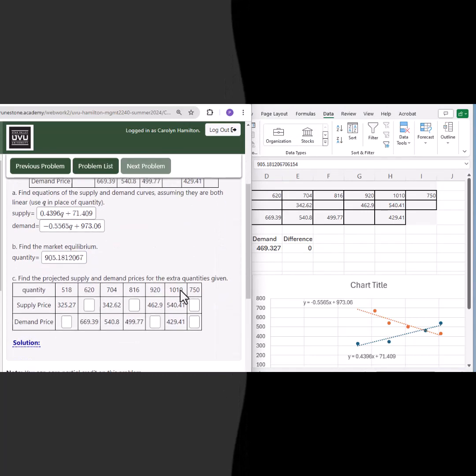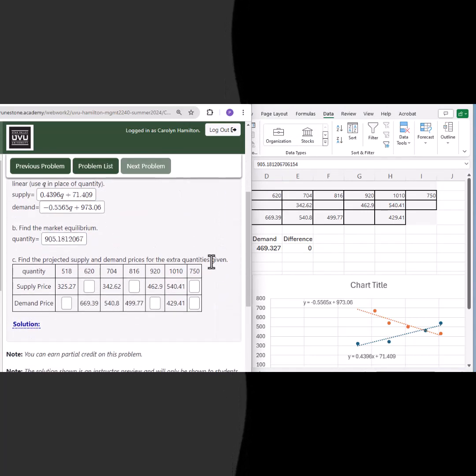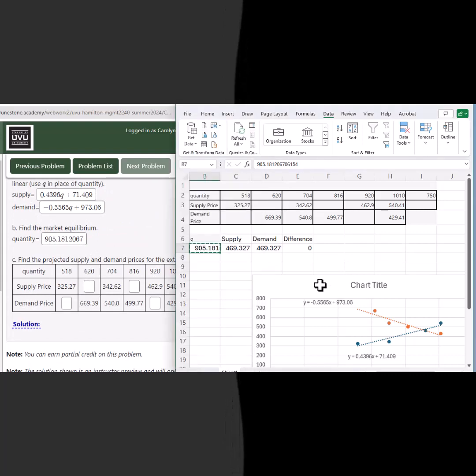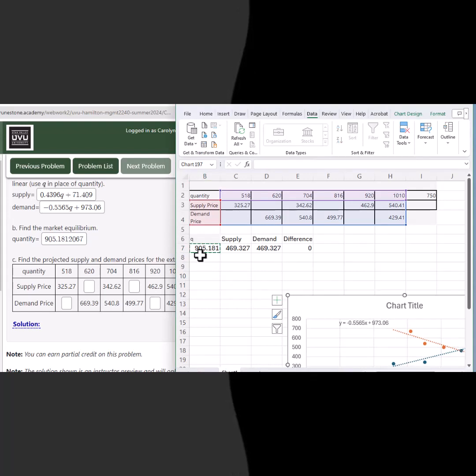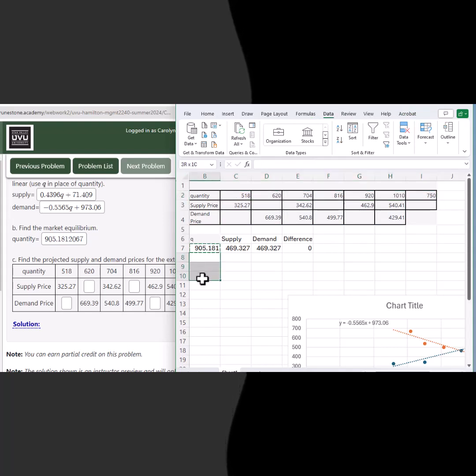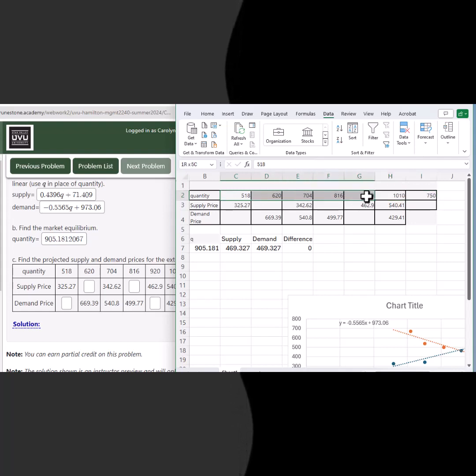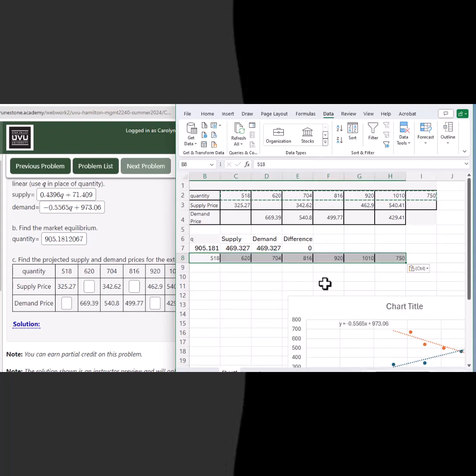Okay, now find the projected supply and demand prices for all of these extra quantities. So what I would like to do is take all of these quantities and put them here. You can select the cells and copy and then paste.